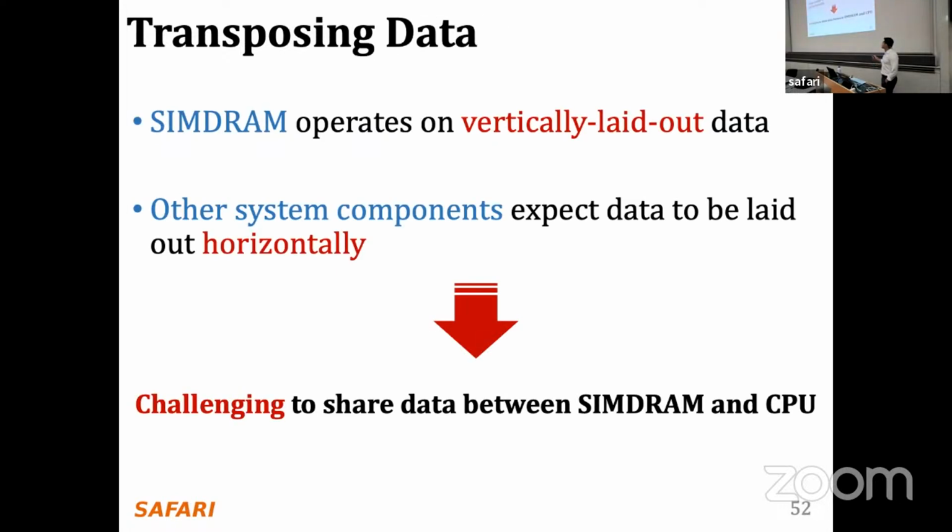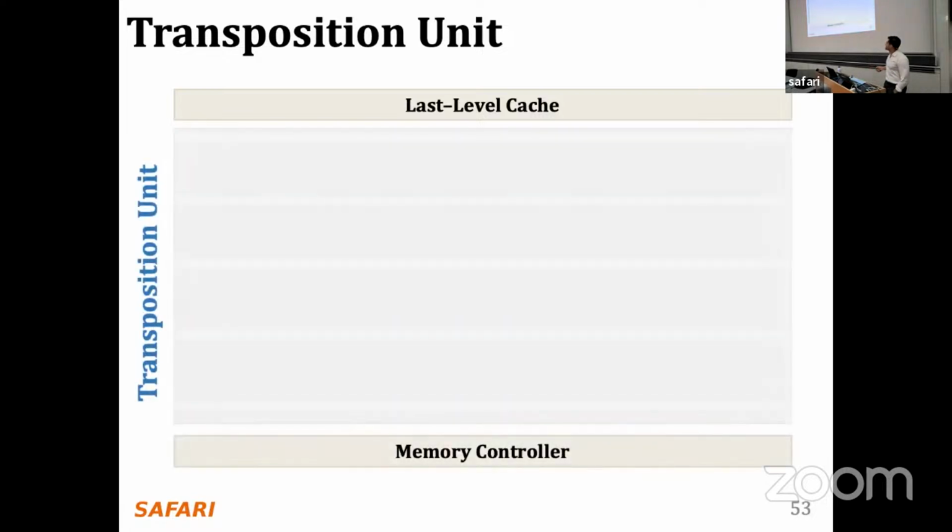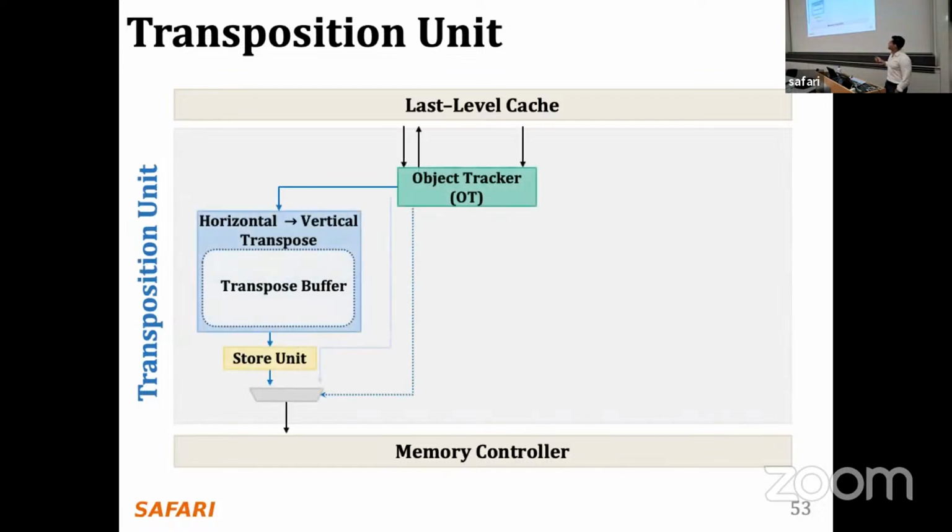So basically, we have this challenge now that we need to switch between SIMDRAM data in a vertical data layout and CPU data in a horizontal data layout inside the same application. And to do that in an efficient way, we implement this transposition unit that sits between the last level cache and the memory controller, and basically tracks objects or memory addresses that are going to be used later on for processing using DRAM operations during the cache line eviction path.